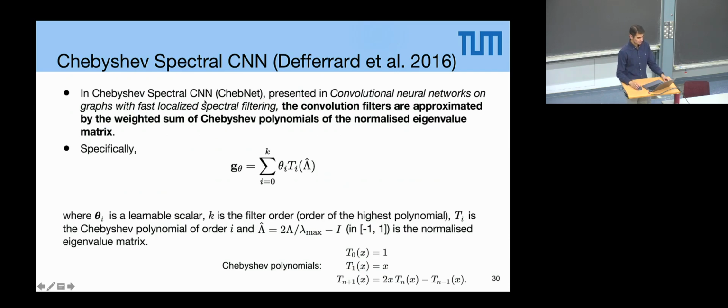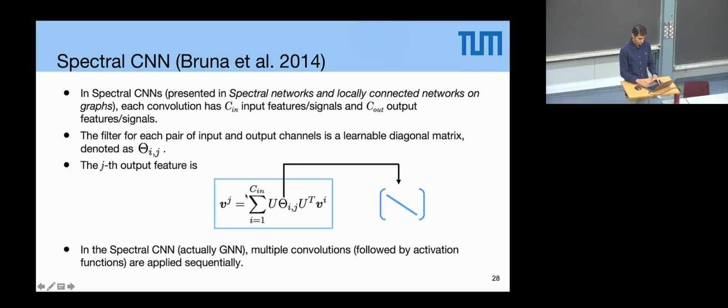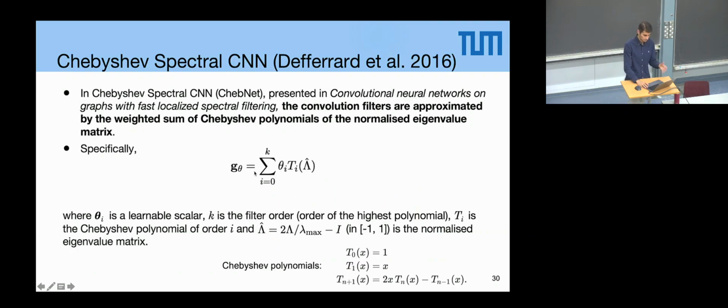So let's see the Chebyshev spectral CNN, which applies a series of assumptions and simplifications to that original definition of spectral CNN. We are going to be looking just at what happens to each pair of input and output channels. Then we will need to repeat this for every pair of input and output channels, and we will have this summation across them like before. But for simplicity, let's just look into that.